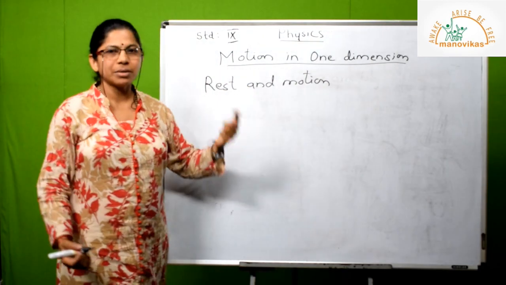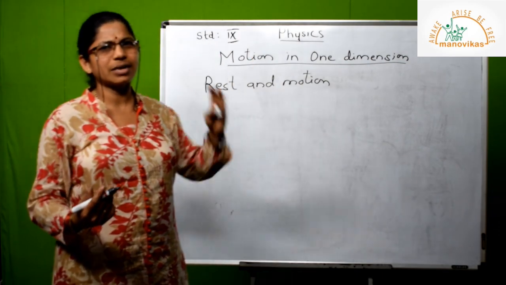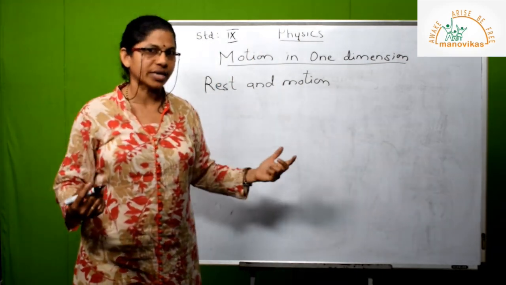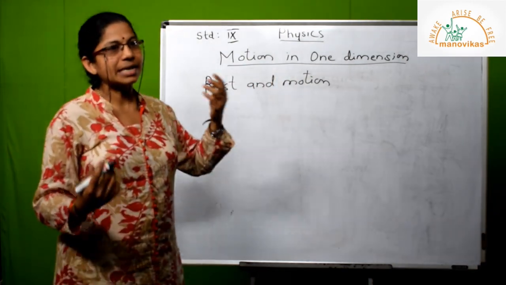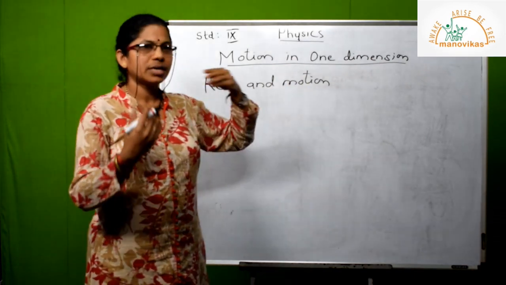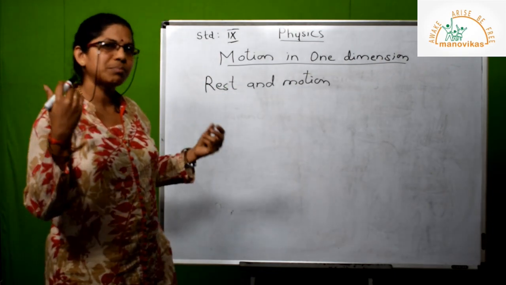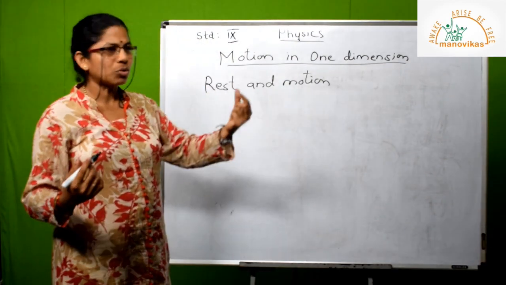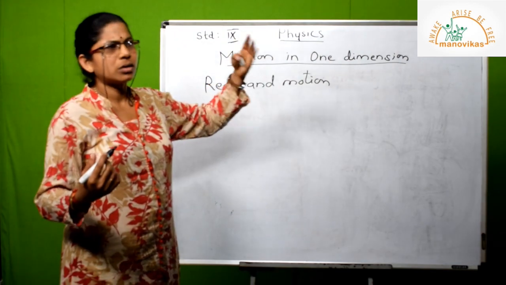Now, remember that in the universe, there is nothing which is at absolute rest. All the things are in fact moving. Rest and motion are in fact relative quantities. They are relative to each other. That means it depends from person to person. An object which is at rest for one person may not be at rest for the other person.